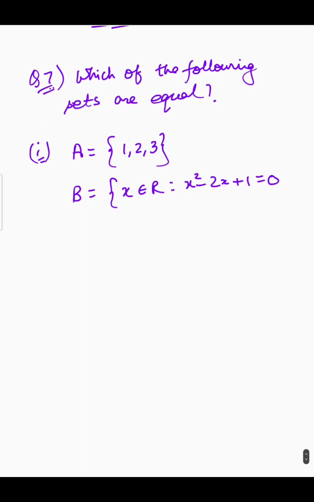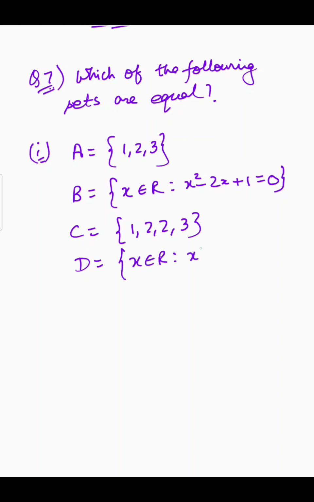x square minus 2x plus 1 is equal to 0. C: 1, 2, 3. D: x belonging to R such that x cube minus 6x square plus 11x minus 6 is equal to 0.